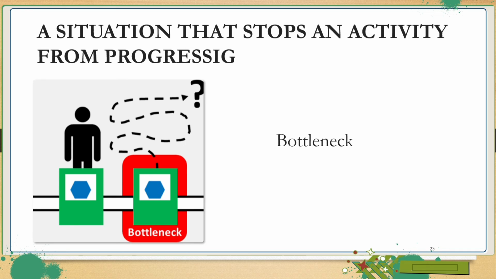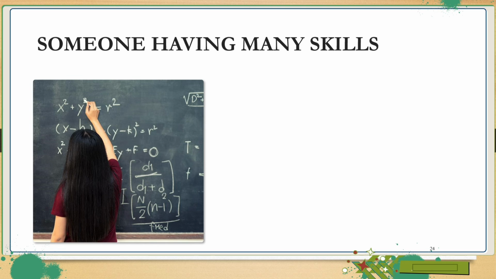So next one is someone having many skills, and that someone is known as versatile. If you know a person who is good at maths, English, science, let's say all the subjects, then you would not say that he's good at dash. You would simply say that he's versatile, he's good at everything.